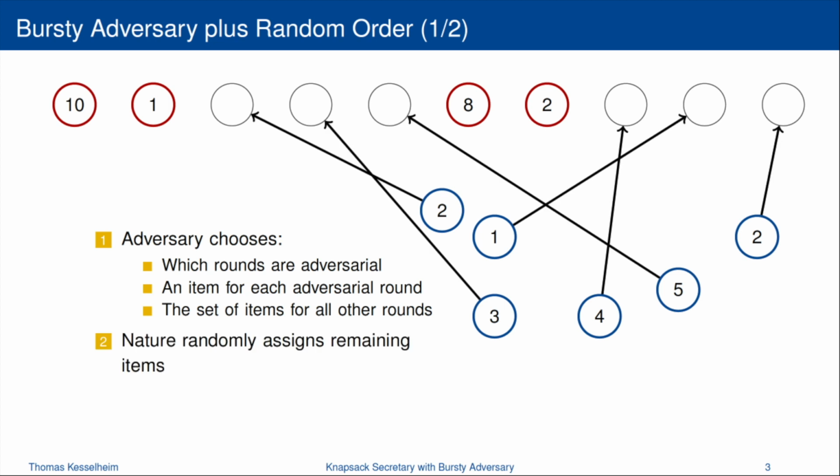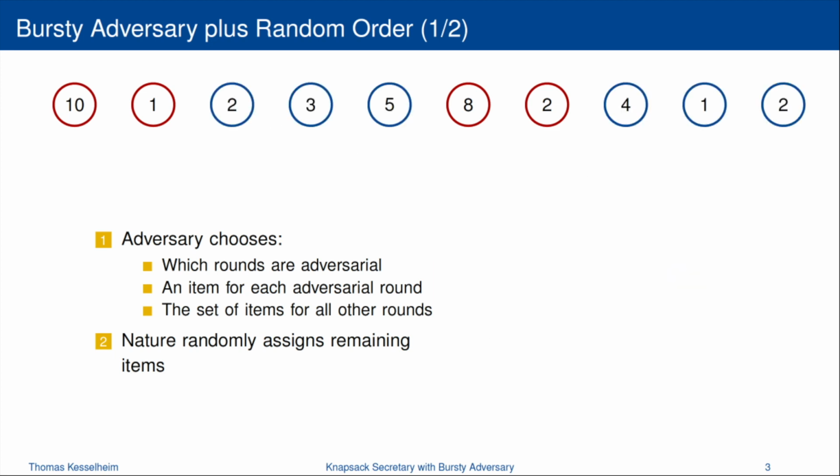Because this is what happens in the second step, nature assigns these items randomly to the remaining positions in the sequence. So now we have a sequence which is partly adversarial, partly random order, which will then be shown to the algorithm.